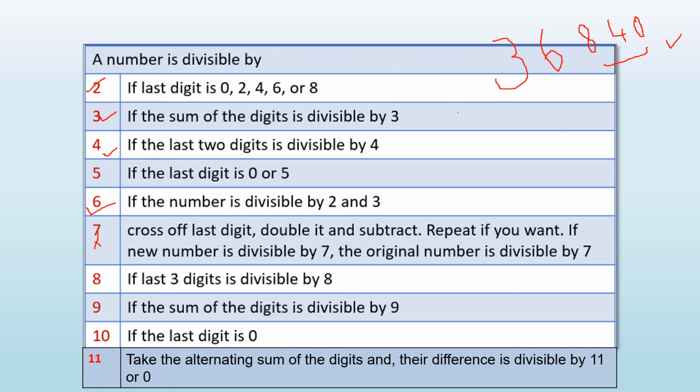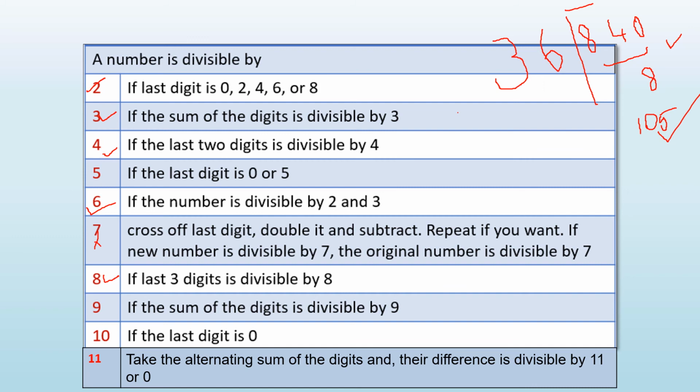That is 840 divided by 8. Here you just check only the last three digits. 840 by 8 is 105. So this number is divisible by 8. So this rule is satisfied. 36,840 is divisible by 8. No need to calculate or divide this number fully.